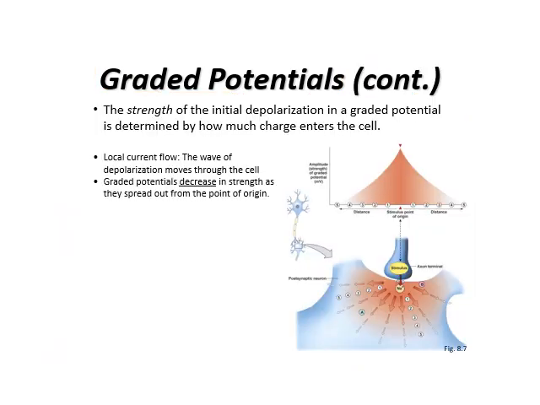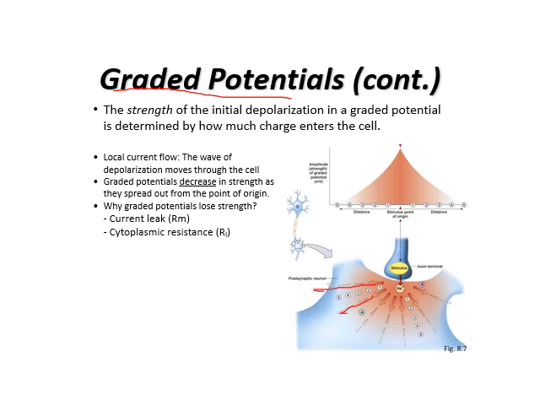This shows you that decrease in the strength of graded potentials. You can see here's the stimulus. It happens here, but as the signal travels throughout the cell body, what happens to the signal? It decreases, and this is happening because there is current leaking out and there's also resistance from the cytoplasm. So as these graded potentials travel through the cell, they are decreasing in amplitude.